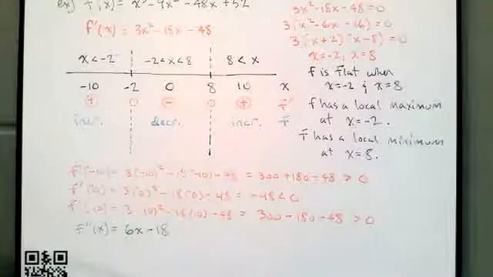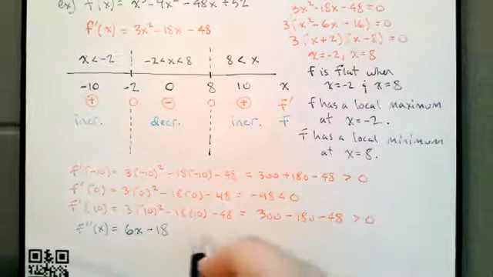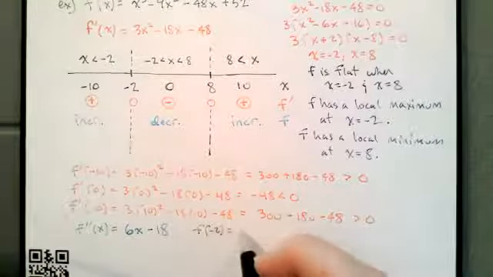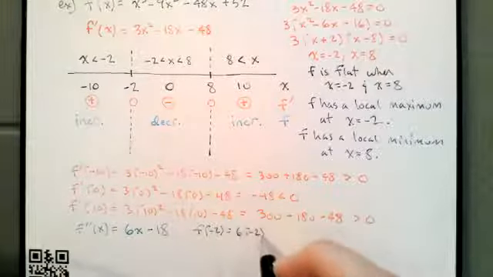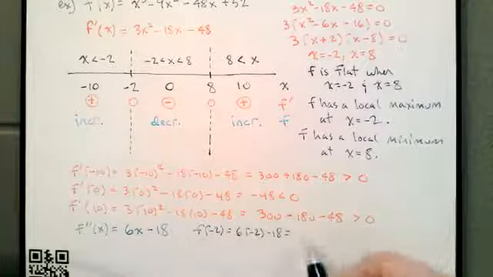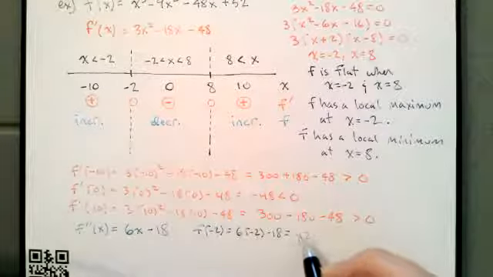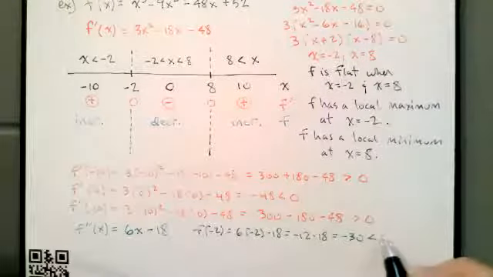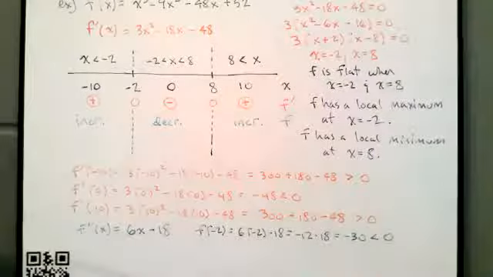If I plug -2 into the second derivative, let's just see what happens. We get 6 times -2 minus 18, which is -30, which is less than 0.